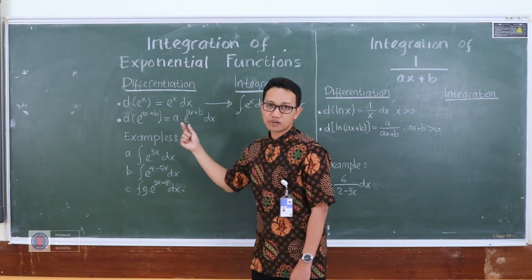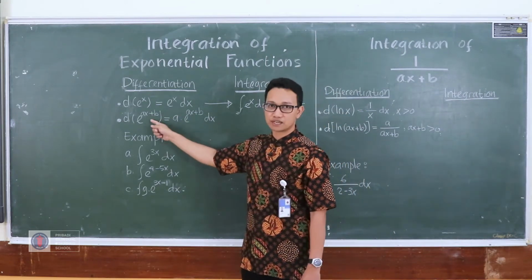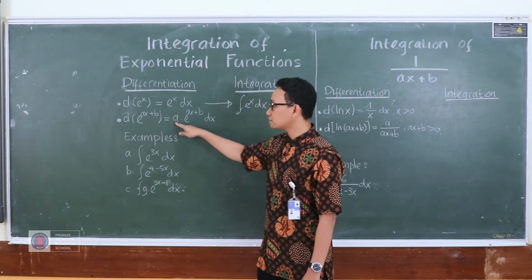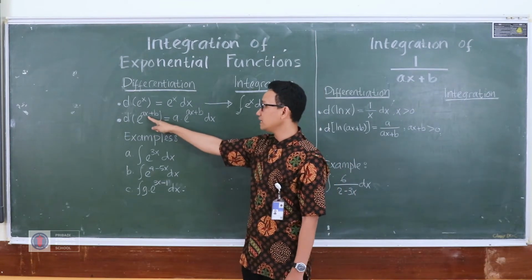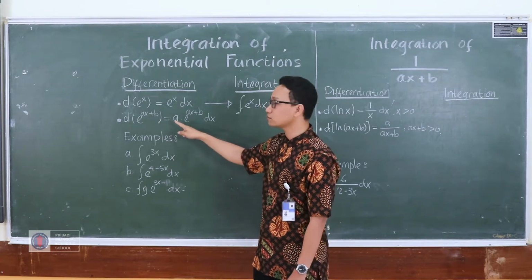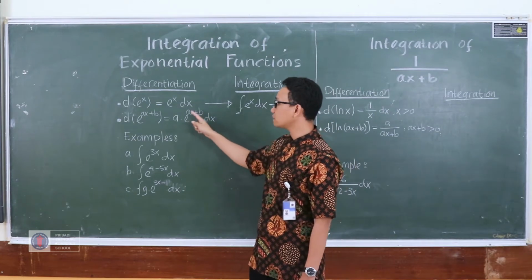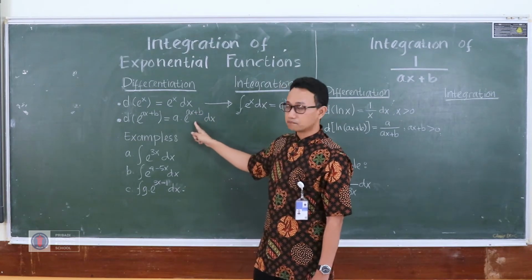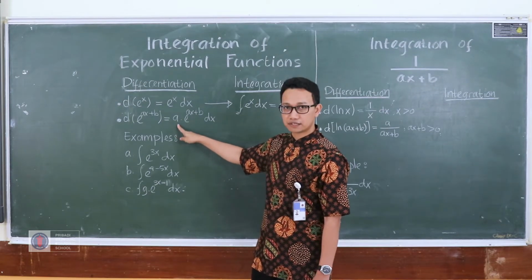If you remember the chain rule, the index of this exponential function, you need to find its derivative. You know that the derivative of ax plus b is equal to a. So by using chain rule, you just simply multiply this exponential function by the derivative.